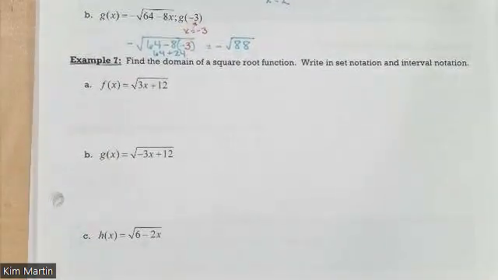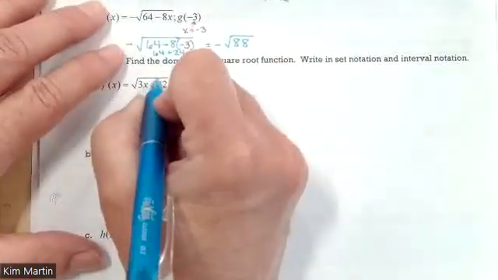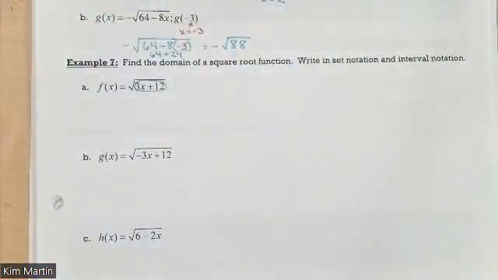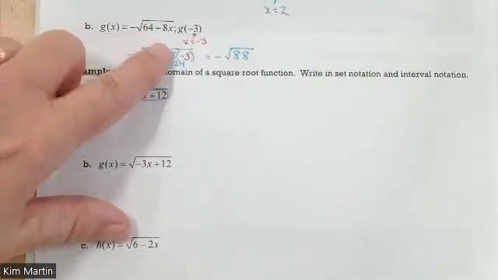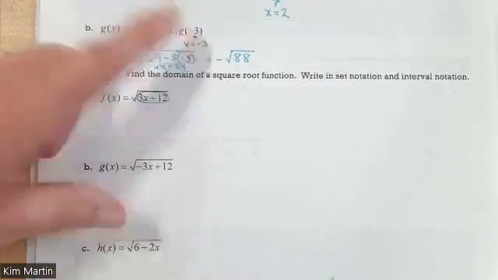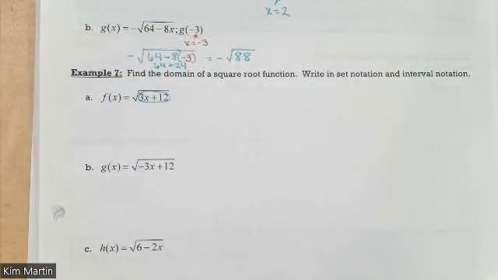Okay, right here. Find the domain. Domain means, not necessarily x, but what's underneath that radical. Because see here, it was okay that x was negative 3. It has nothing to do with x being negative.